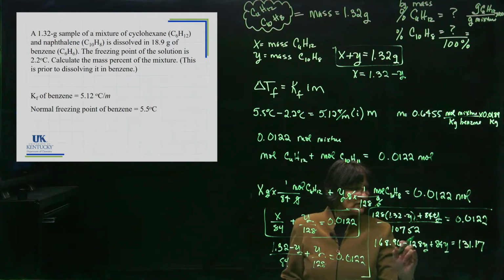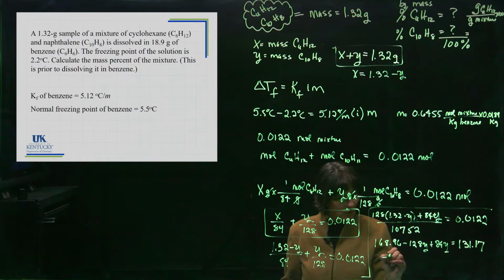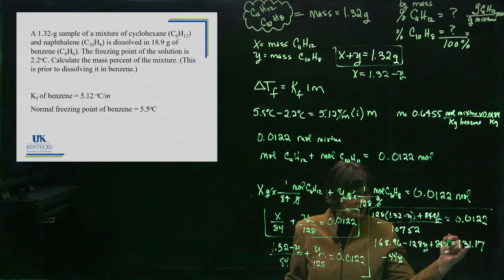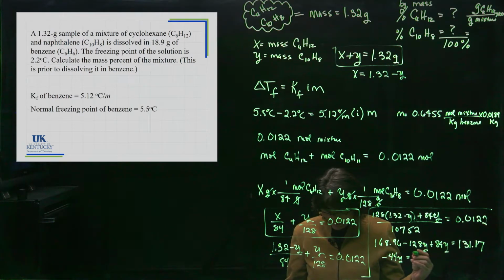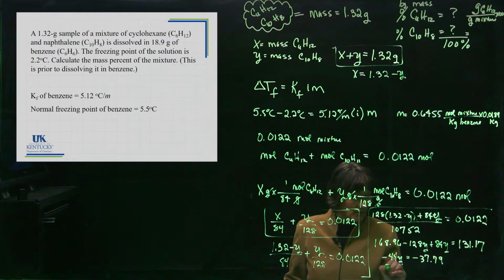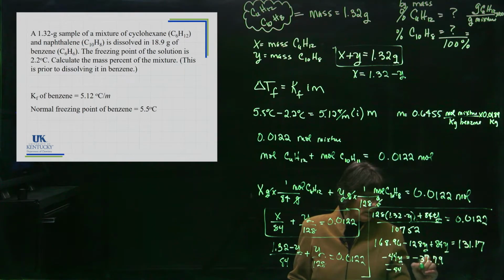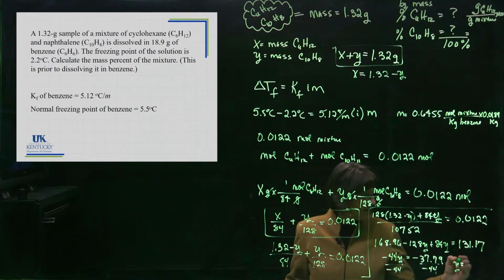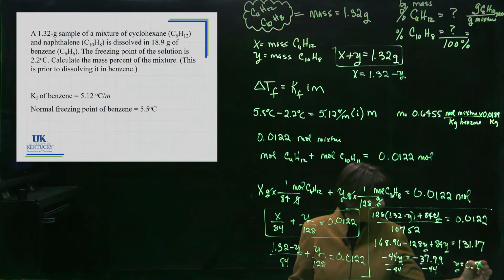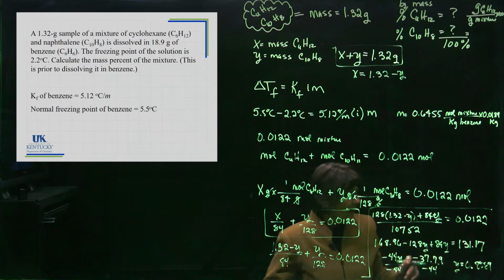There's more negatives here, so I have a negative 44Y. That's combining those, and I'm going to get that 168.96 over here. So I'm subtracting 168.96 from both sides, and that is going to give me a negative 37.79. Then I want to divide both sides by a negative 44, and that's going to give me a Y equal to 0.8589.